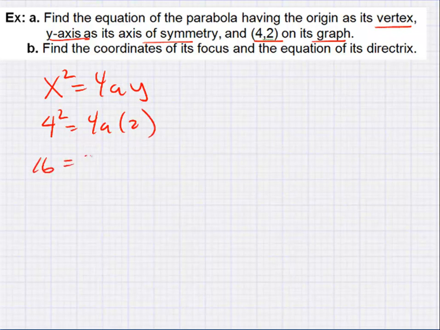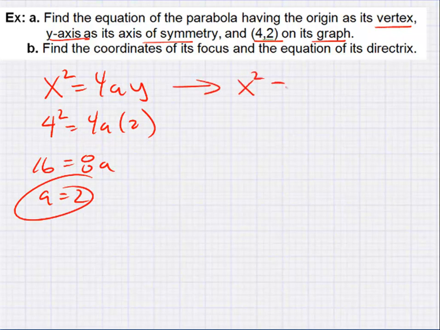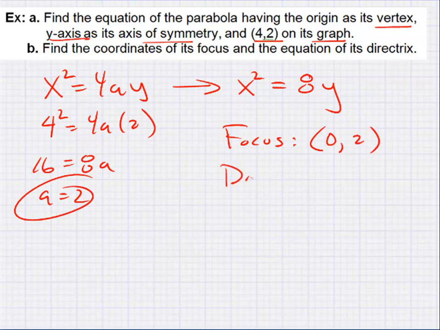So 16 equals 8a. a equals 2. So my equation is x squared equals 8y. My focus is going to be 0, 2, and my directrix is going to be y equals negative 2.